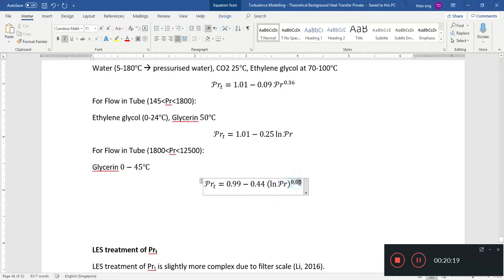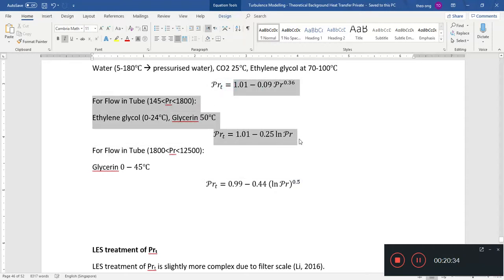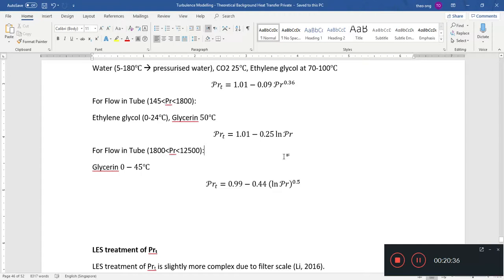This should be 0.5, not 0.05. Okay, so these are the correlations we have here. Yeah, just want to double check. 1.01. Yeah. So this is what the correlations look like for these various Prandtl number ranges. You can search online for his paper, or you can just take my word at face value.